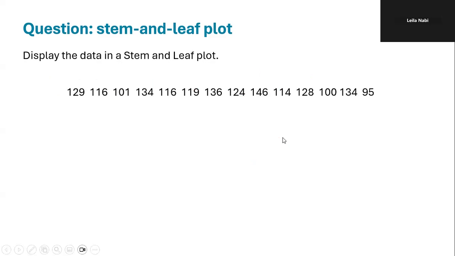Let's look at the next example. This time we have three-digit numbers. That means if I keep the last digit for a leaf, I will have two digits for the stem. So this time the stems must be two-digit numbers.